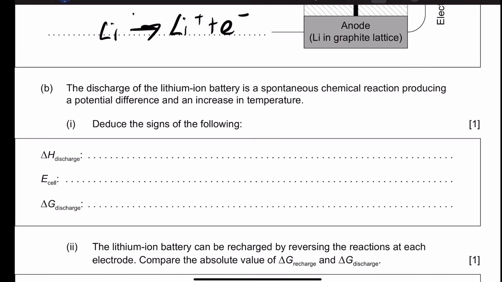So what's the first piece of information that we get? We get that it's spontaneous, right? That already gives us the delta G sign. Remember, delta G for spontaneous reactions is negative, so negative. Okay, what else do we see? Well, we know it produces a potential difference, and we know that it causes an increase in temperature.